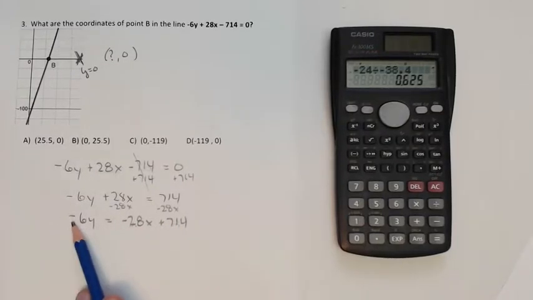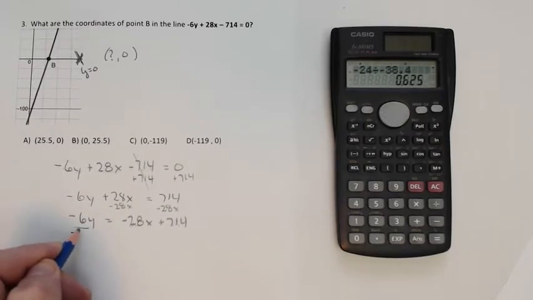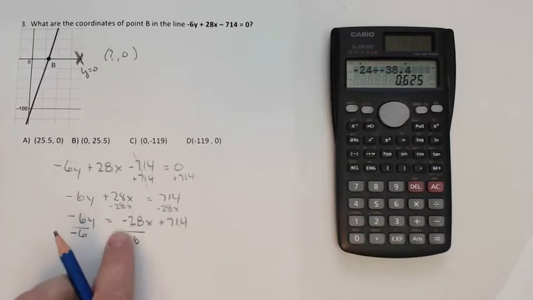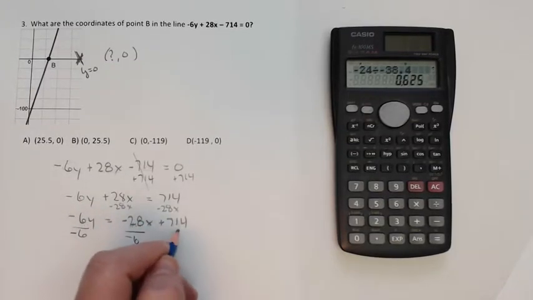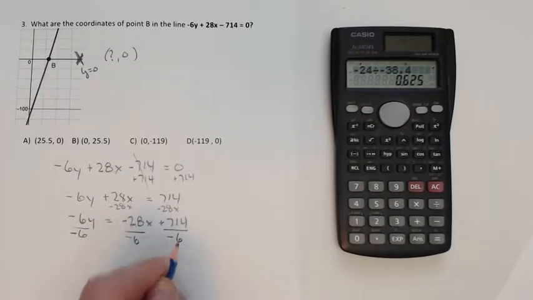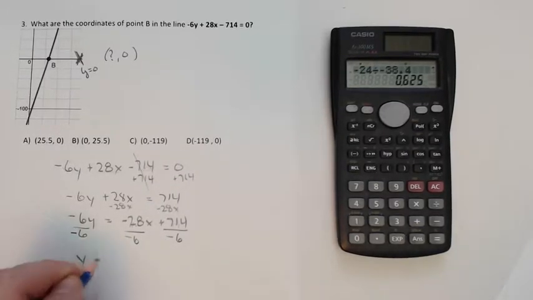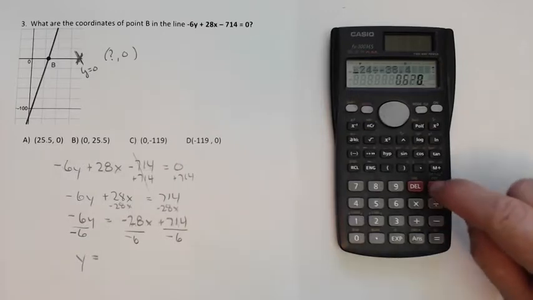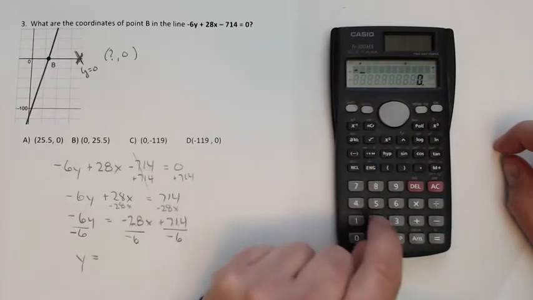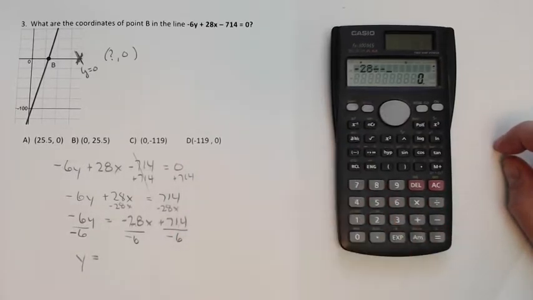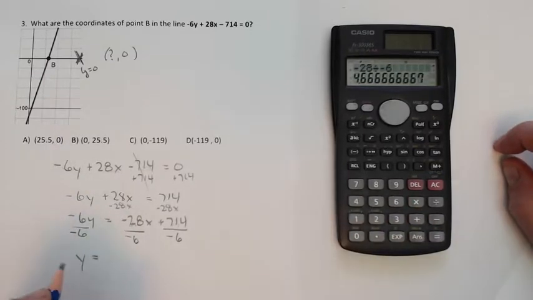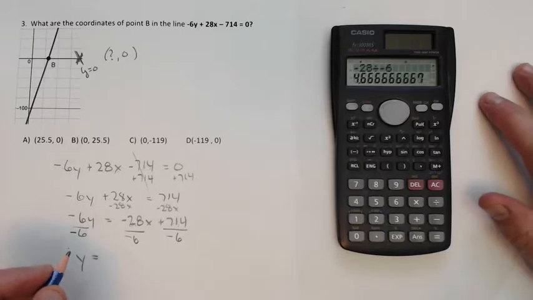Please make sure now when you do your division that you're dividing by -6. Can't emphasize that negative enough. A negative over a negative will become positive, unless you forget that negative, and then your answer will be wrong. So y is equal to, calculator time now, -28 divided by -6 is going to give me positive 4.6 repeating.